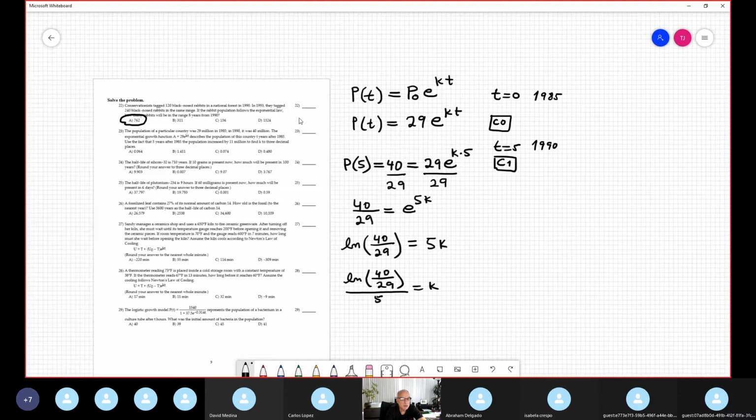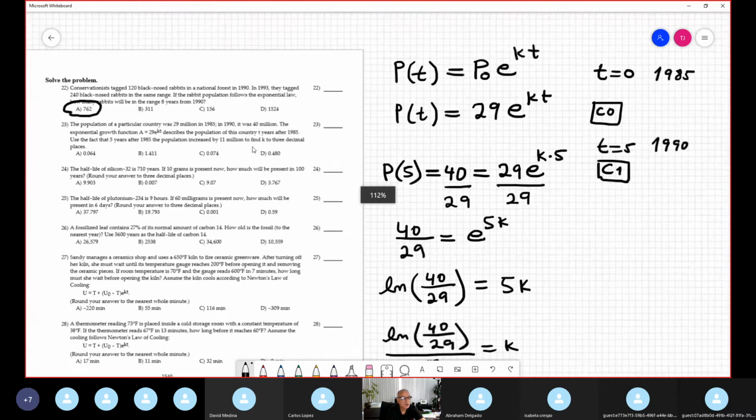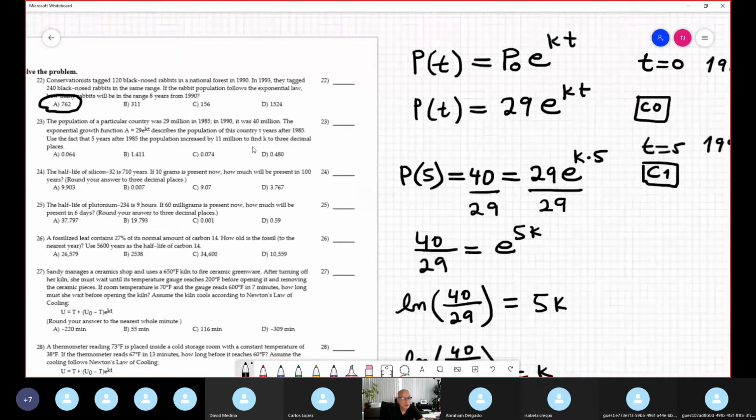Condition 2, let me see, what's the condition 2? The exponential growth function is equal to 29. Thank you for giving me this information. Describe the population for the country T years after the 1985, using the fact that at 5 years after the population increases 11 million, pero es 40 o... 11.